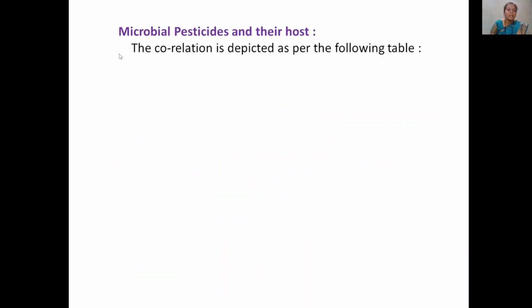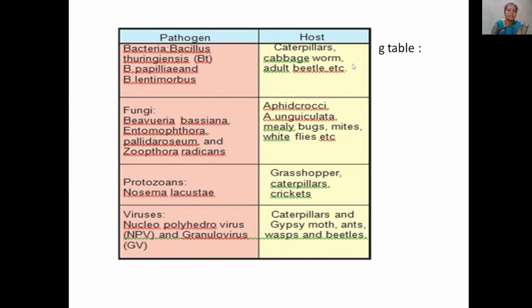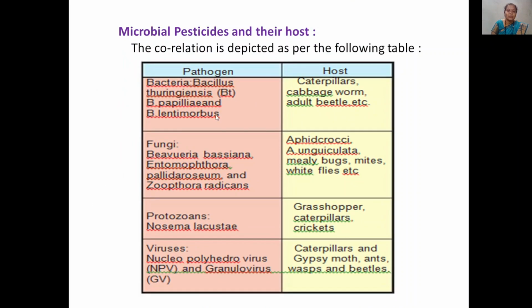Go to next slide. Here, microbial pesticides and their host. The correlation is depicted as per the following table. Here we see pathogens and their host. Here, bacteria Bacillus thuringiensis, that is BT.